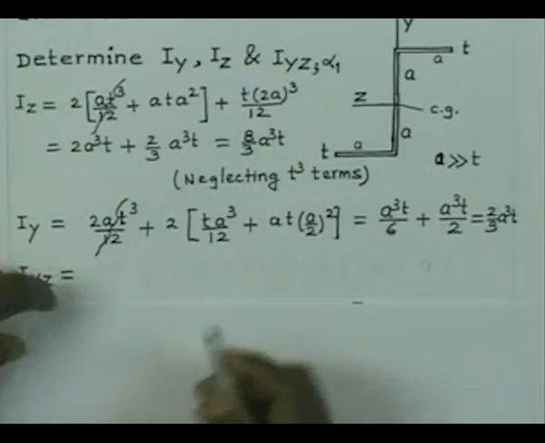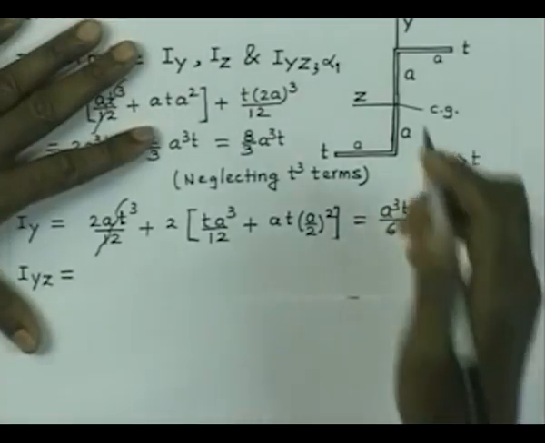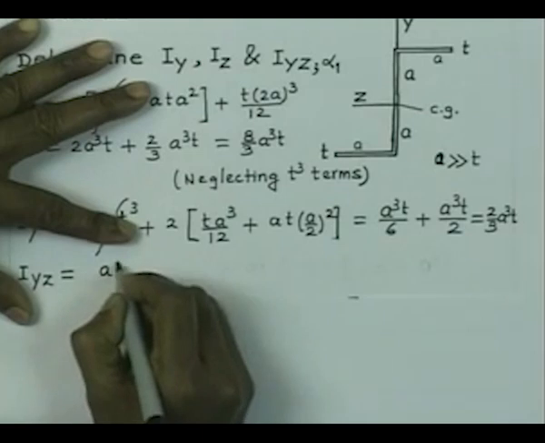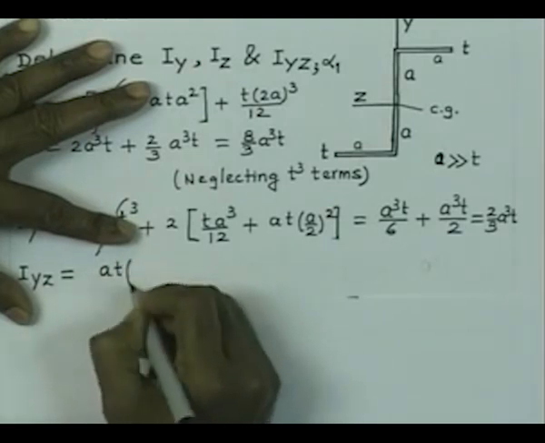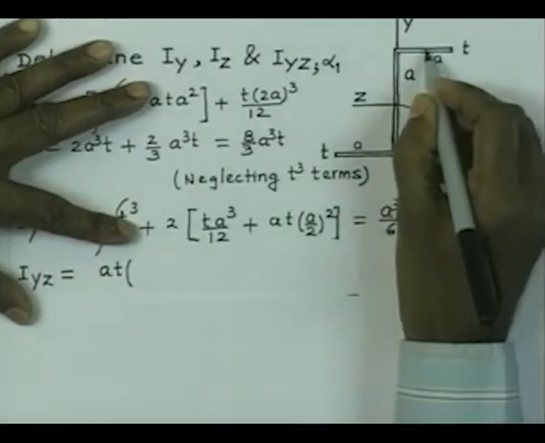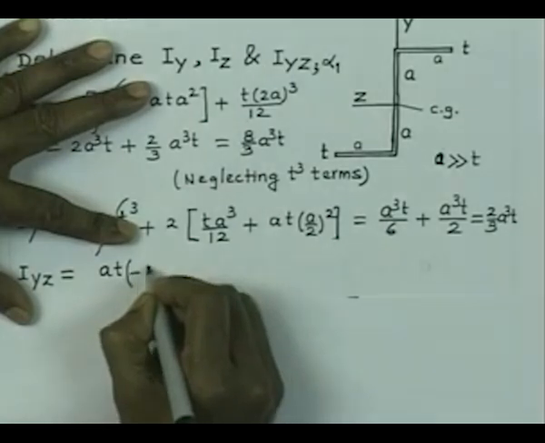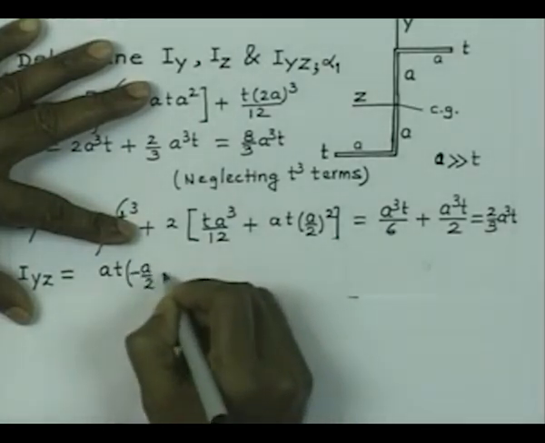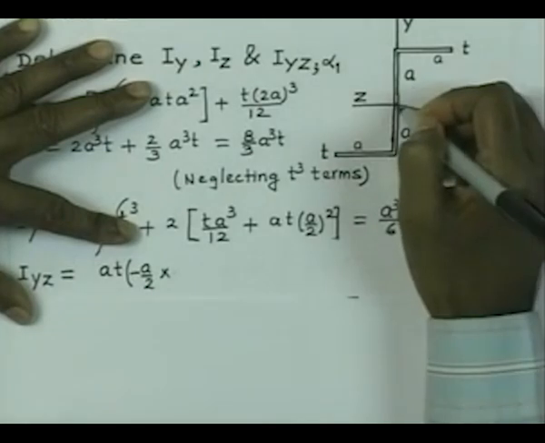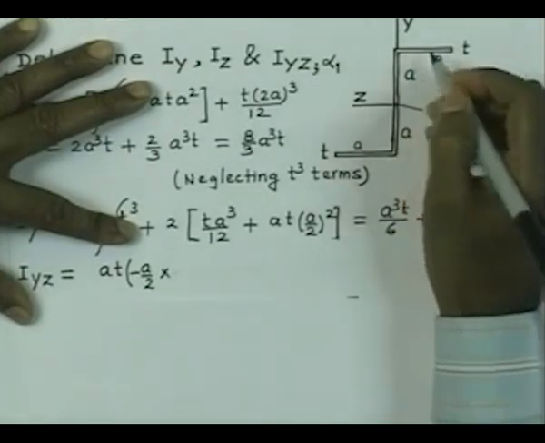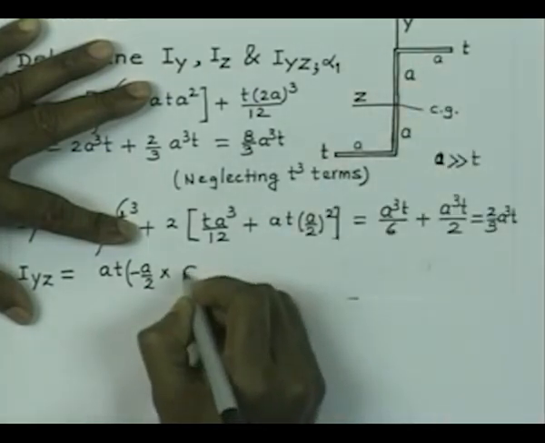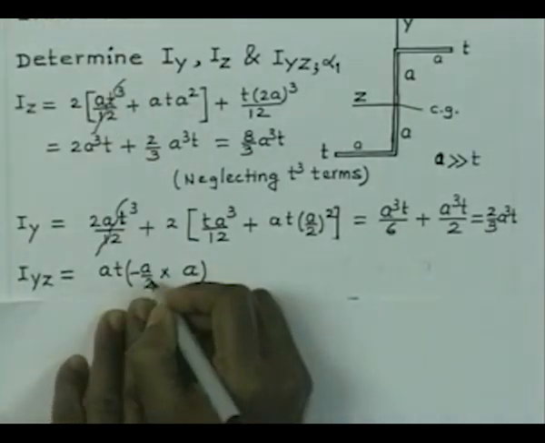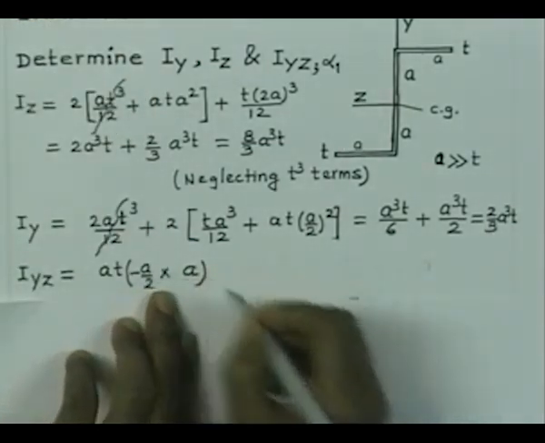So, I will now write, if I consider now this one, then my area is a t and the x coordinate of the C g is minus a by 2. So, therefore, it is minus a by 2, and the distance from the z axis is a. So, therefore, it is into a. So, that is the area times x C g times y C g.